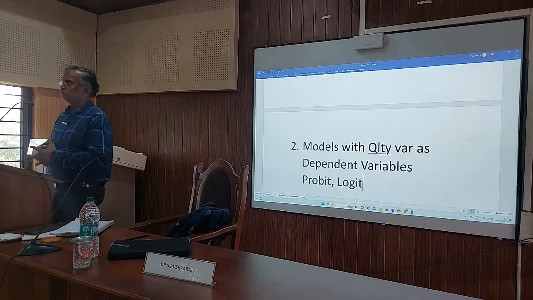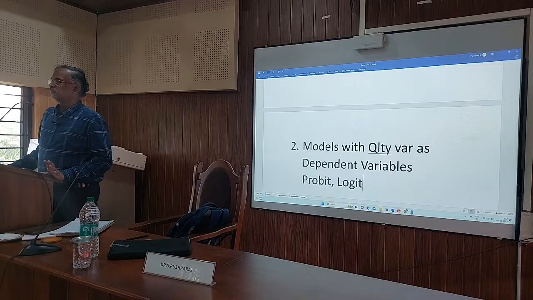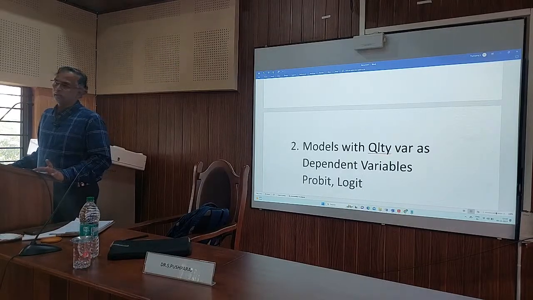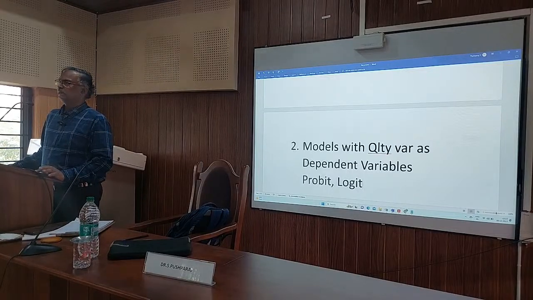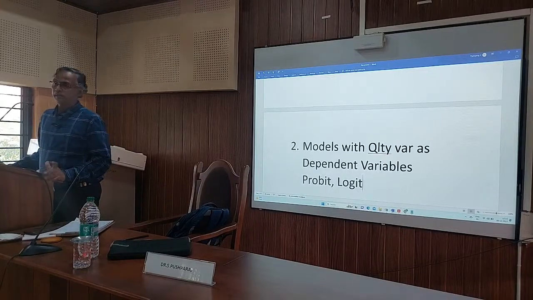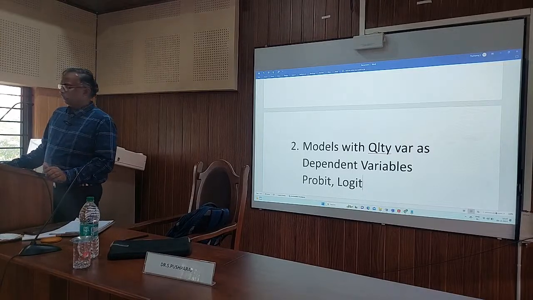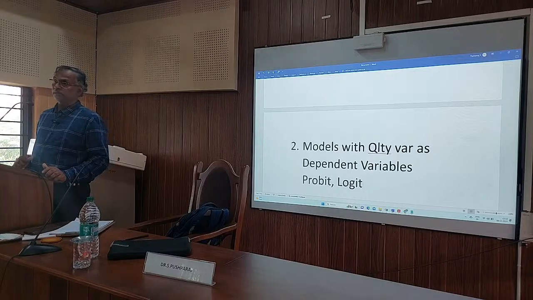Of course, you will have different variants of this: binomial logit and probit, multinomial logit and probit, ordered logit and probit. Some variants of it. So these are the two prominent things.